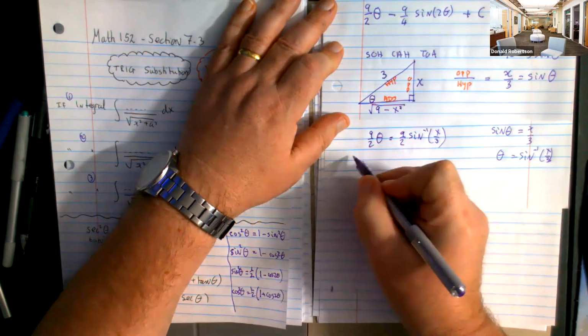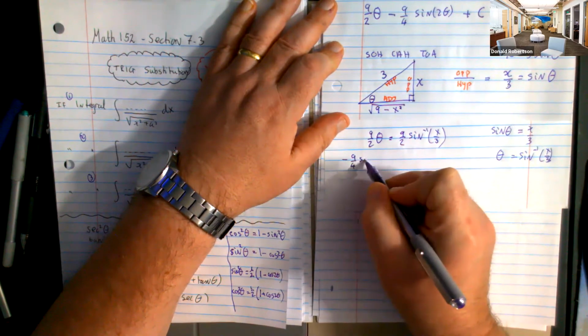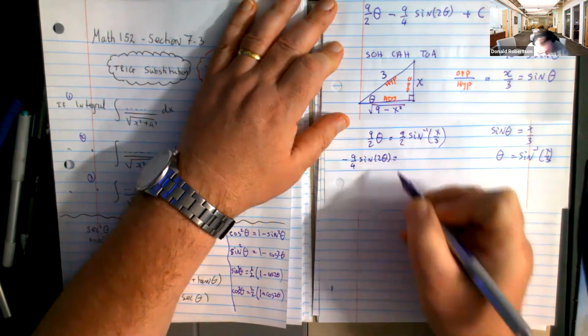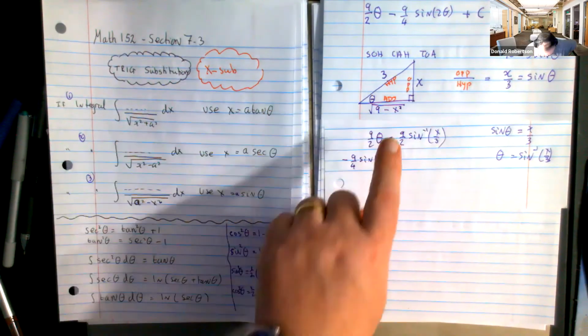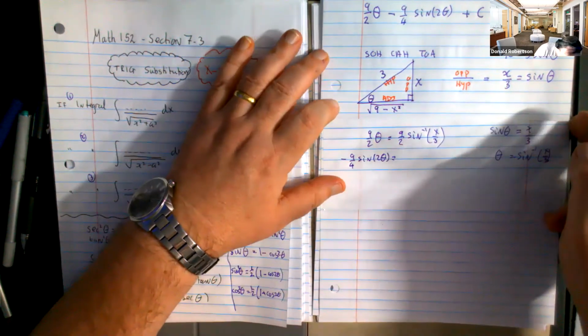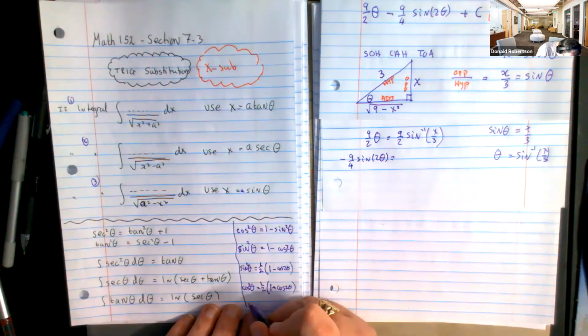Okay, I want to know what the other piece is. -9/4 the sine of 2 theta. Well, if I'm going to use this triangle, it's really only built for sines and cosines and tangents. It's not directly built for sine of 2 theta. So I guess I'm going to put it in here.